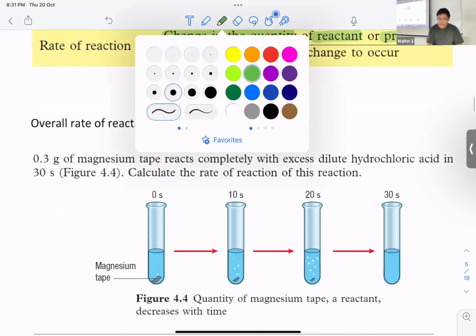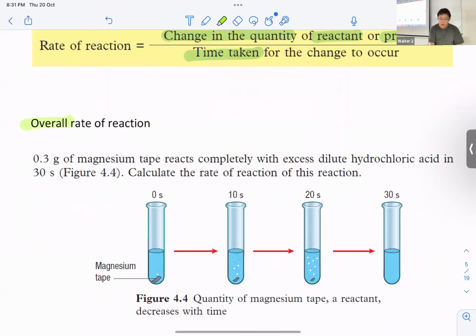So the first one we're going to explore is called the overall rate of reaction. Overall rate of reaction is also known as the average rate of reaction.